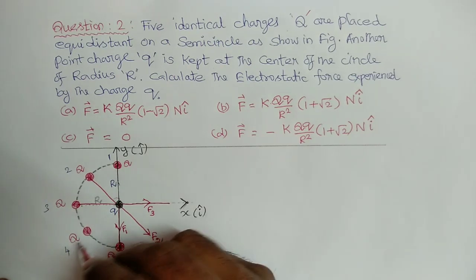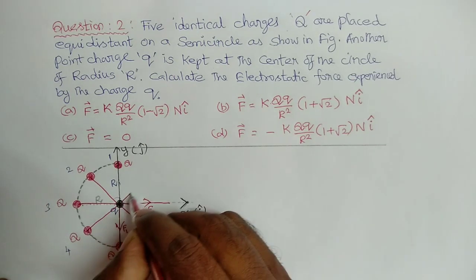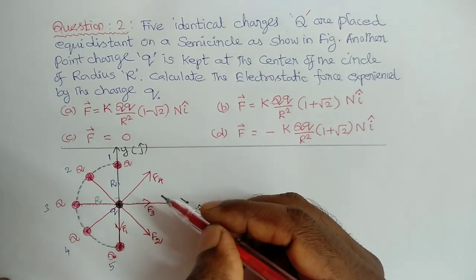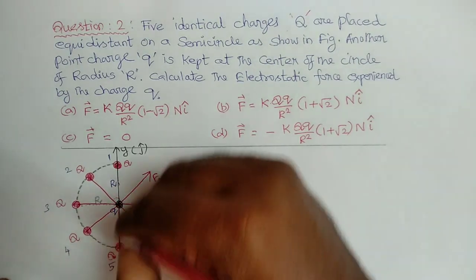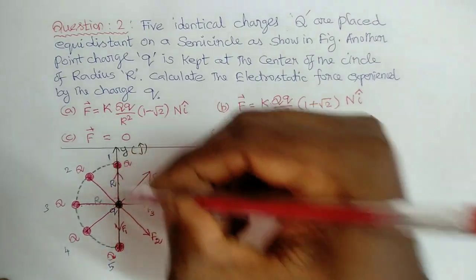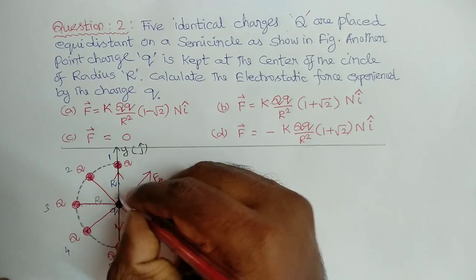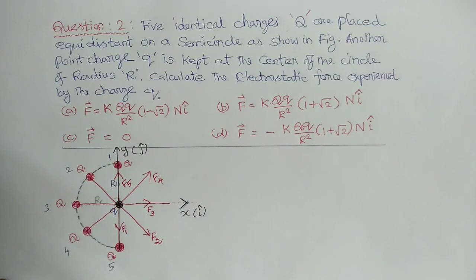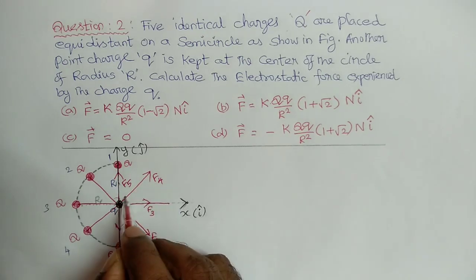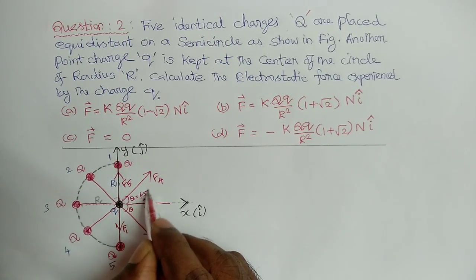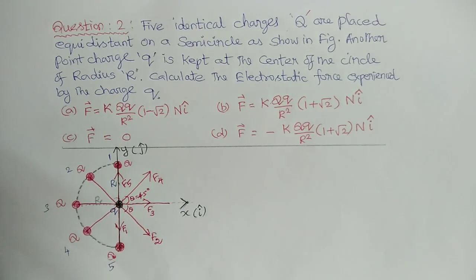Then by the fourth position along this direction, this is F4, and fifth position along this direction, this is F5. So assume here, this is an angle theta. So theta is approximately equal to 45 degrees.